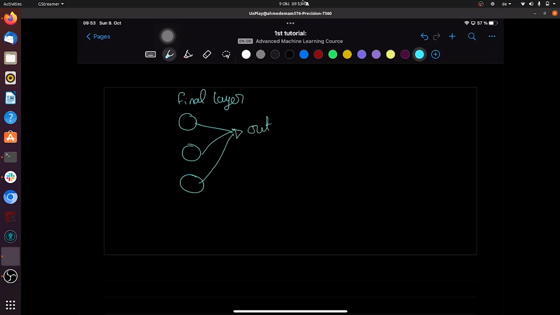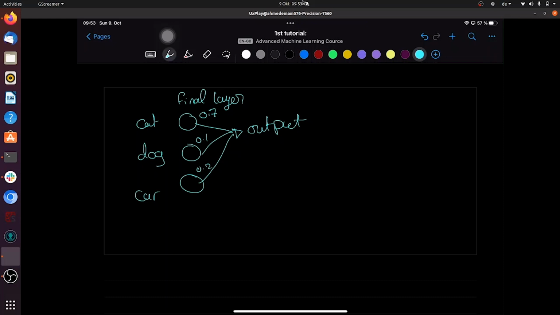If this neural network is trying to classify between 3 different classes, a cat, a dog, a car, and the input was a cat, it says this is a cat with a probability of 0.7, a dog with 0.1, and a car with 0.2.